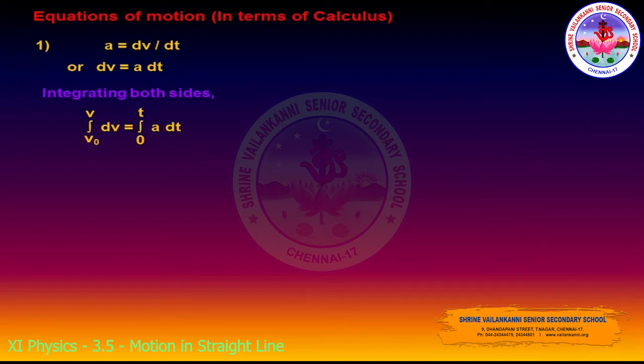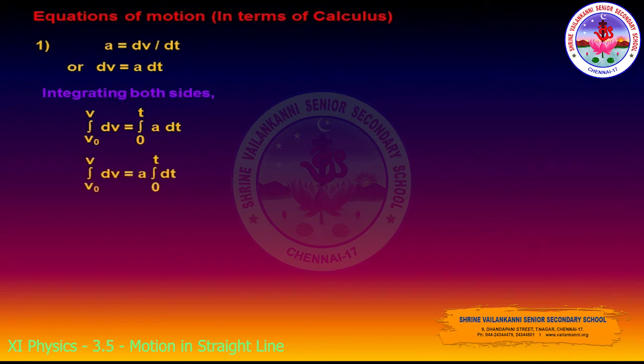So here we are integrating with lower limit v naught and upper limit v. So integration of dv is equal to integration 0 to t of a dt, right?